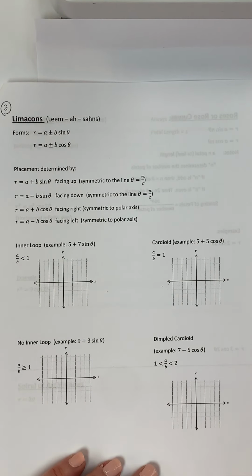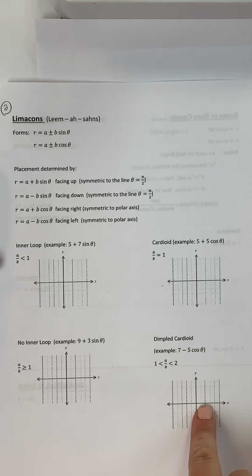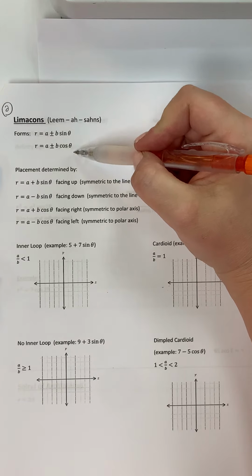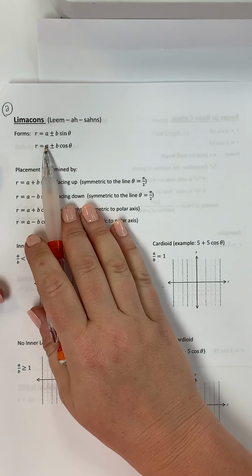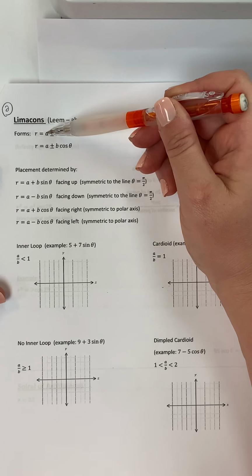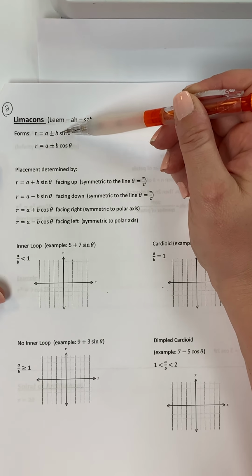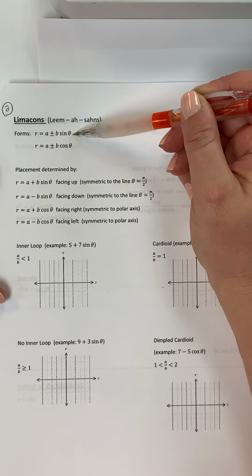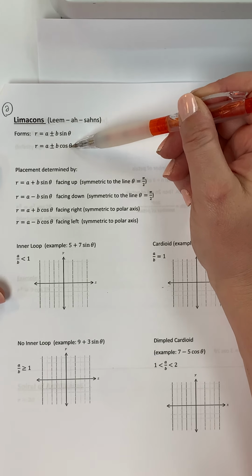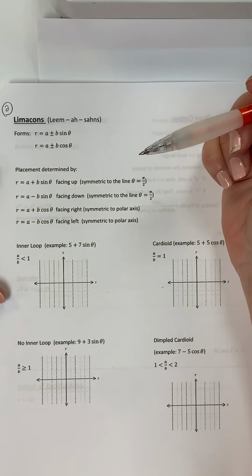Well, you have four types, and we're going to look at those down here. Okay, here are the forms. So it's still r equals, just like a circle, but now you're going to have a number added or subtracted to a coefficient sine theta or a coefficient cosine theta. So you have two terms here, one of them being one of these trig terms.